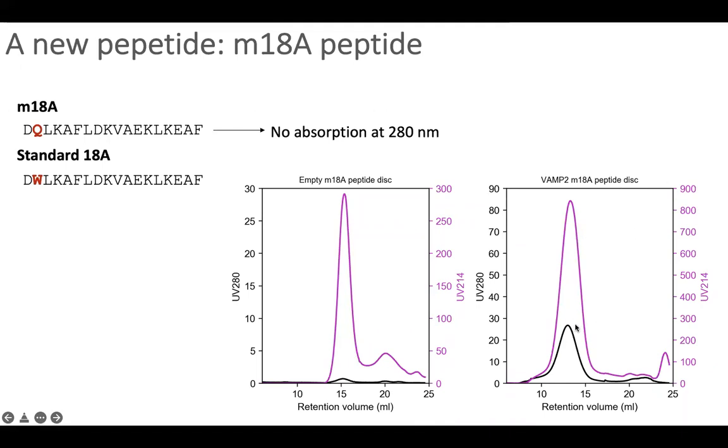And this was the case of the VAMP2 loaded peptide disk, but this will be the same for other membrane proteins, which then means that one can also use the absorption at these wavelengths to directly quantify the concentration of membrane proteins in the peptide disk.